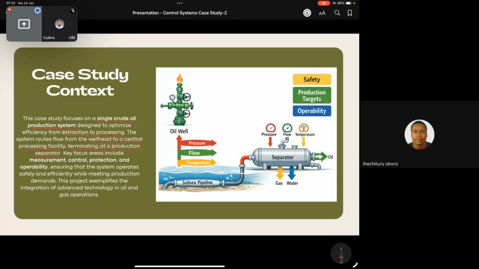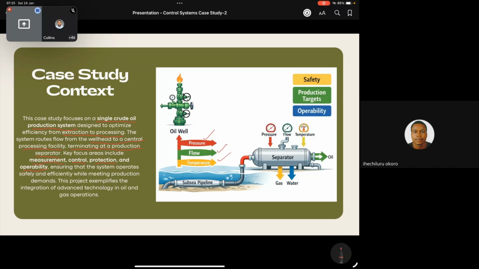The key focus areas include measurements, control, protection, and operability. So the owners of this facility, what they are concerned majorly about is they want to be able to measure. Of course, principally, they want to measure the amount of crude they are producing and other parameters that help them to produce that crude, such as the pressure, the flow, and the temperature, right?